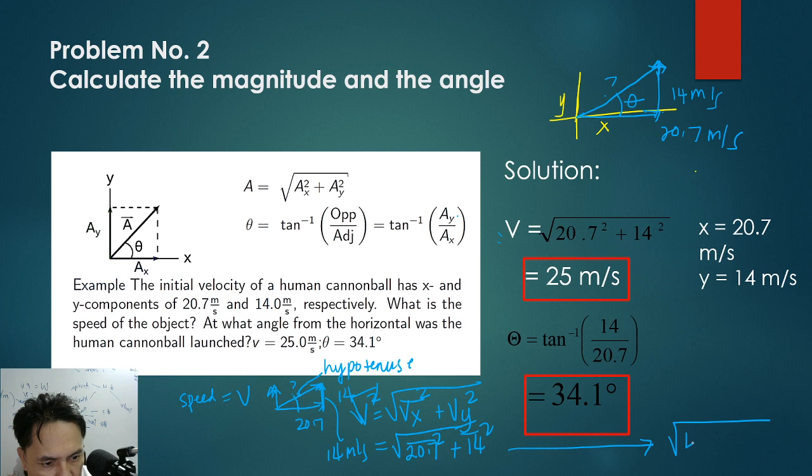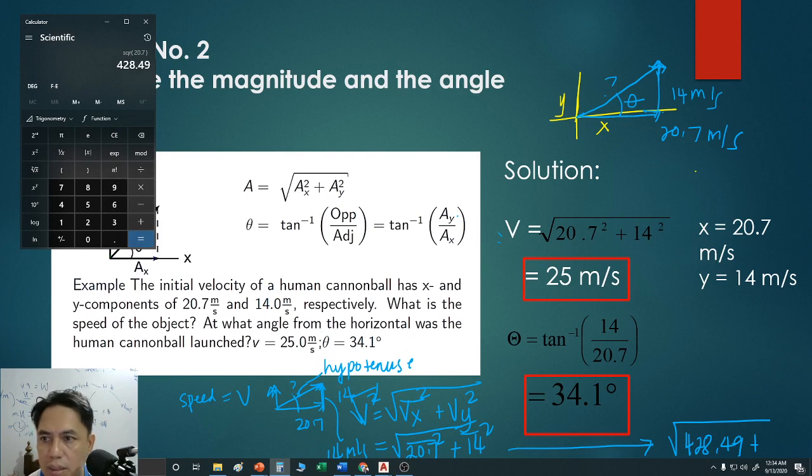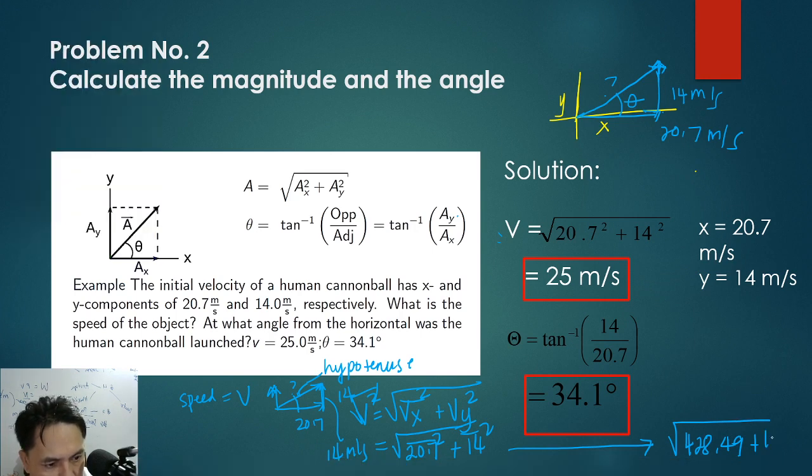So here, let me plug this in: 428.49 plus 14 squared, which is 196.